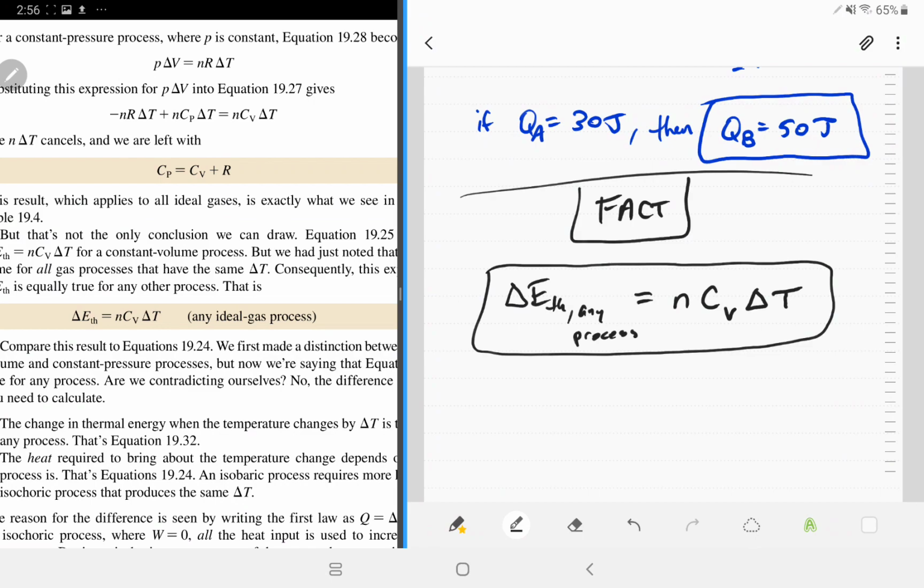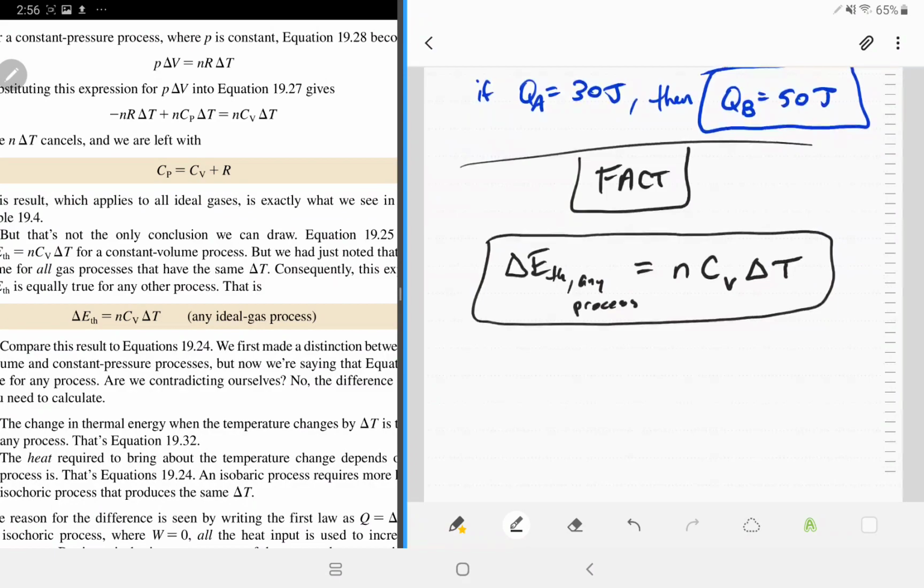But for thermal energy, you can use this for any process at all. So we're exploiting the fact that Q is equal to delta E for an isochoric one. So this is a really useful equation to know, and this is one that we're going to revisit and talk about in another way in chapter 20.